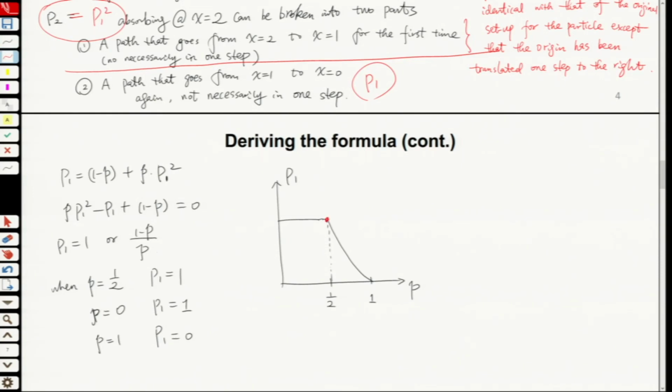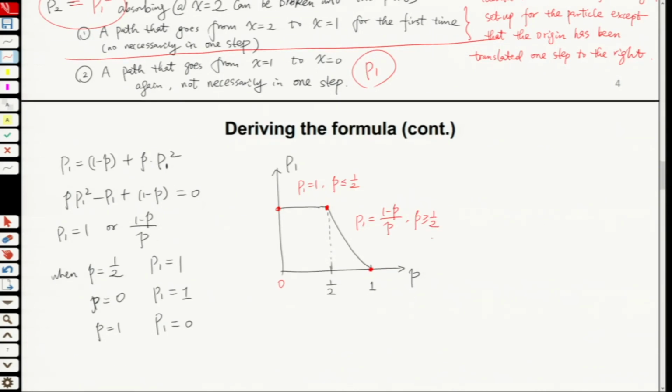This is 1. P equals 0, P1 is right here. And also P equals 1, P1 equals 0. So this equation is actually P1 equals 1 if P is less than or equal to 1/2, and P1 equals (1 minus P) over P if P is greater than or equal to 1/2.